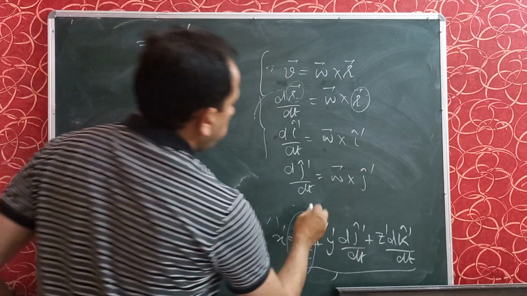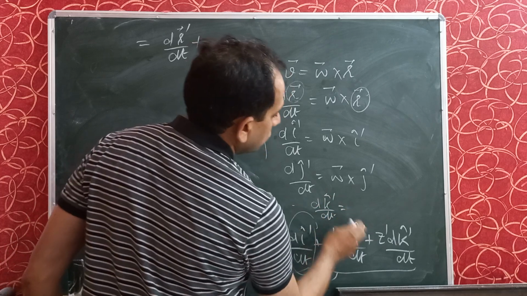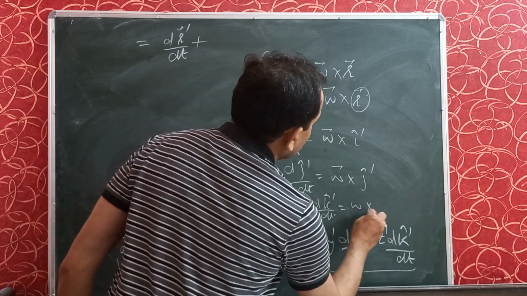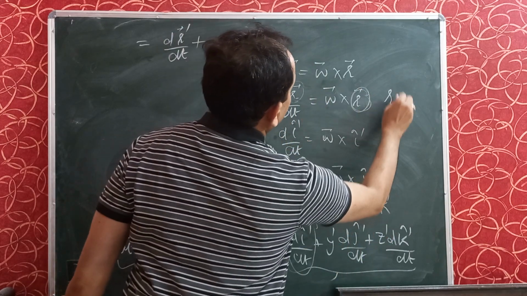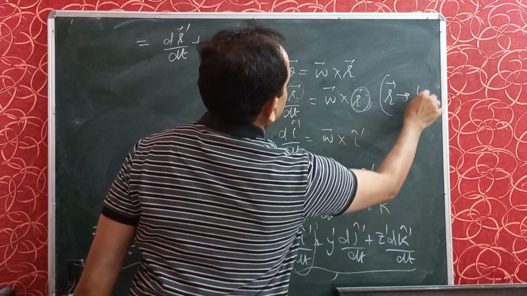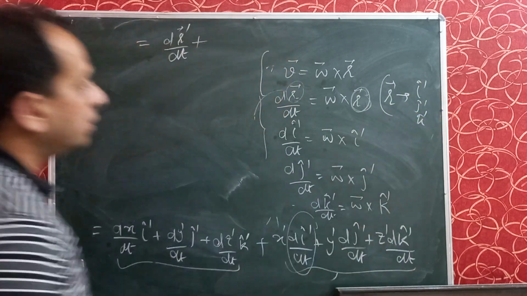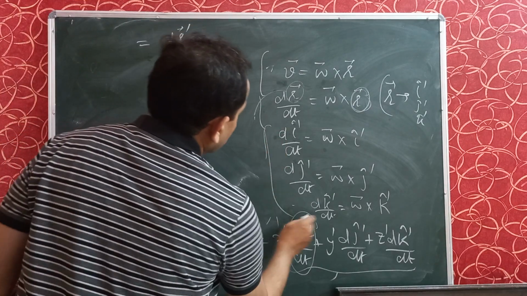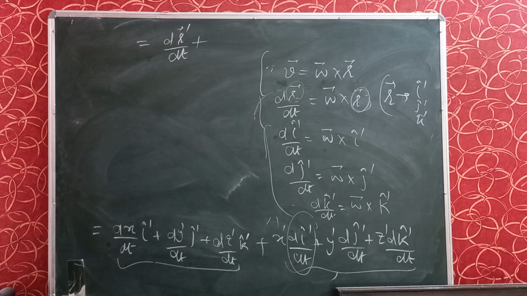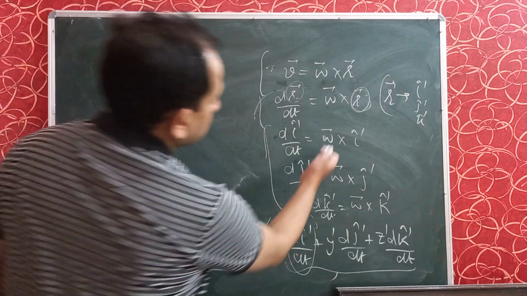And similarly, dk dash upon dt is equal to omega cross k dash. So I have replaced this r with i dash, j dash and k dash alternatively. So in this way, these are the values of di dash upon dt, dj dash upon dt and dk dash upon dt.